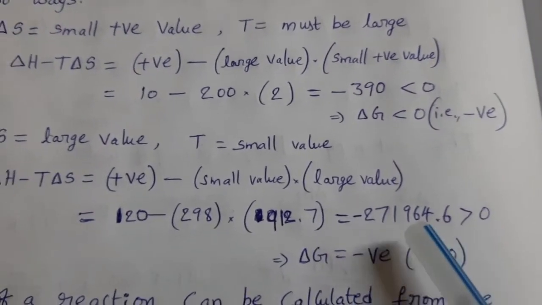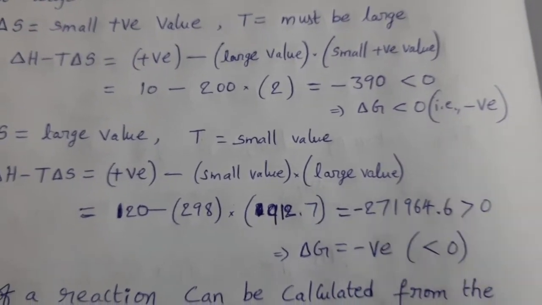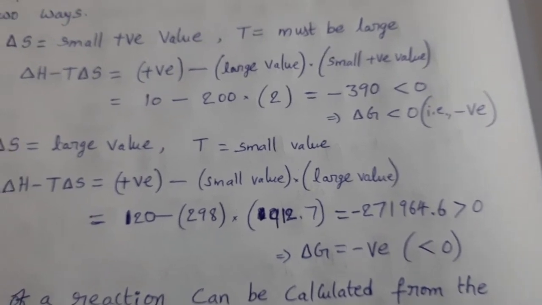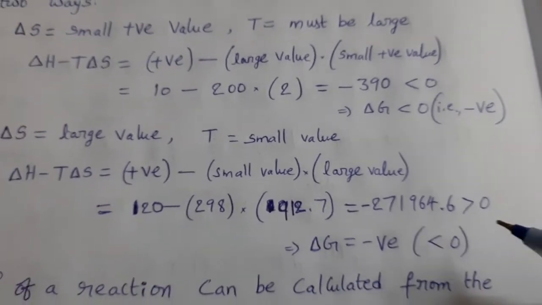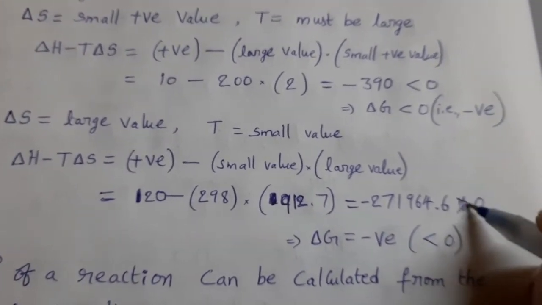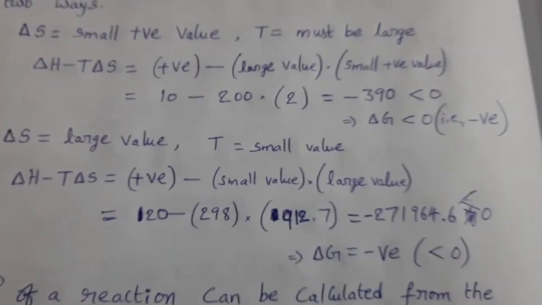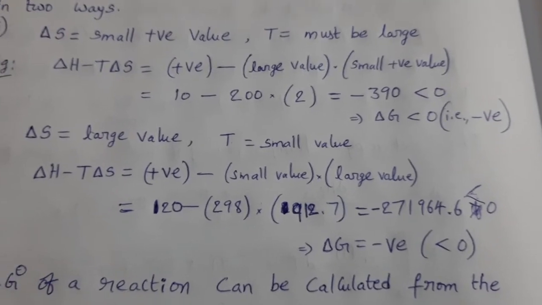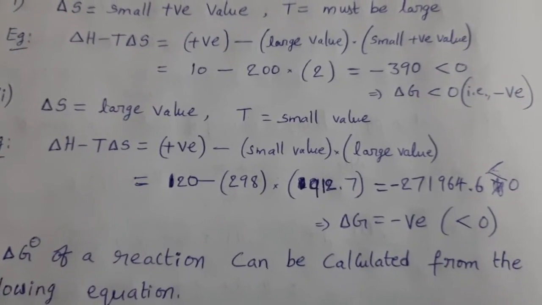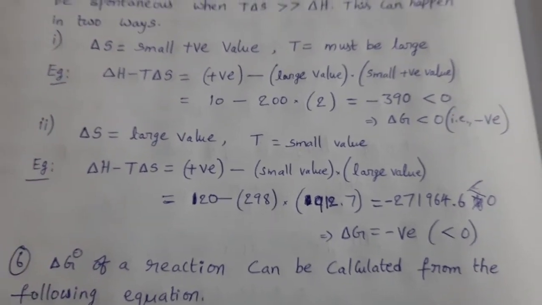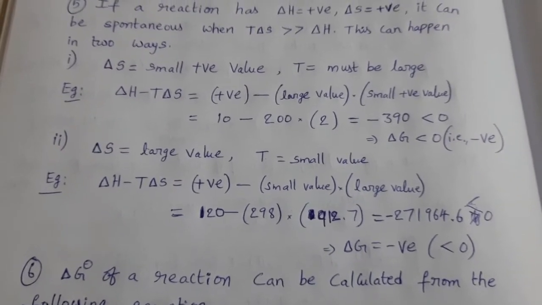Final answer negative. Negative means less than 0. So here also delta G is negative. That means spontaneous. I hope you understood these conditions.